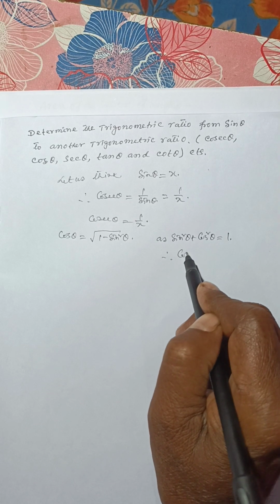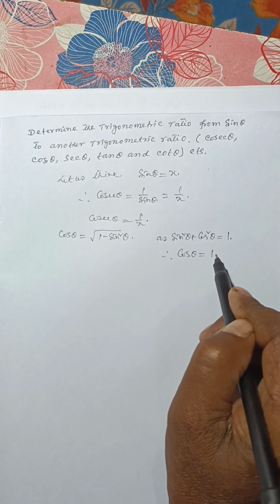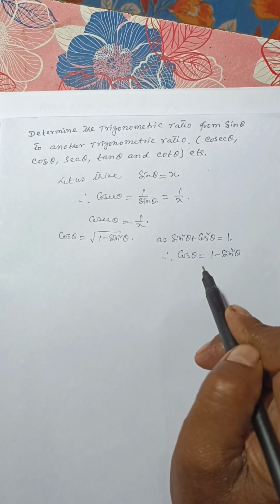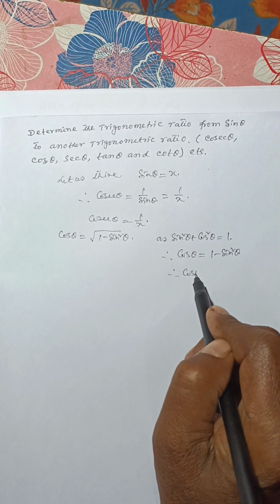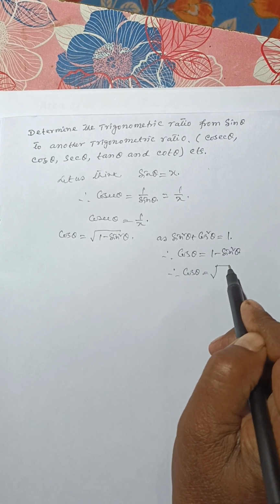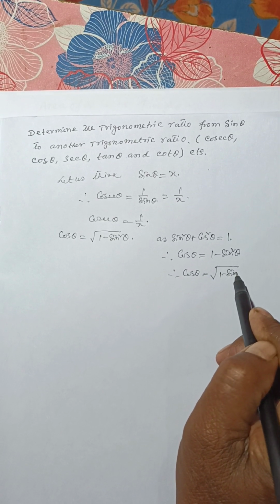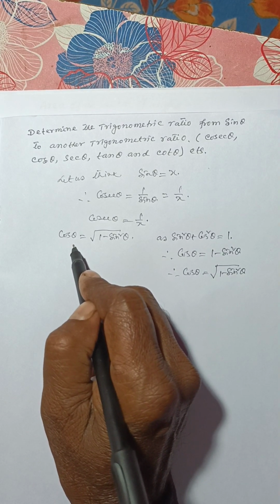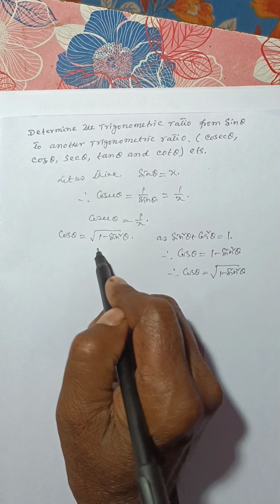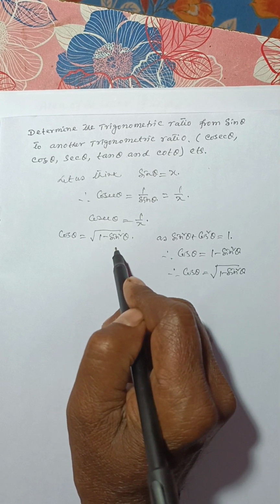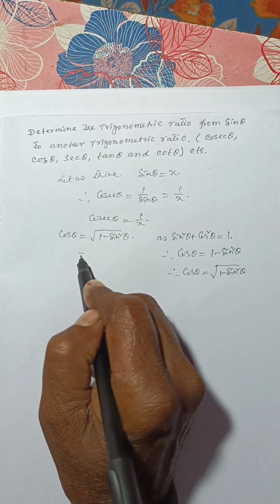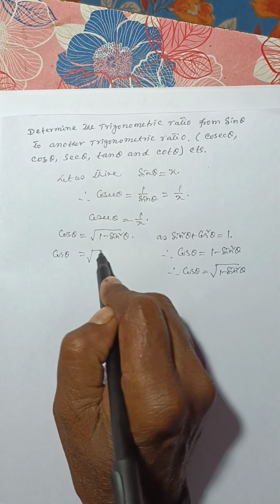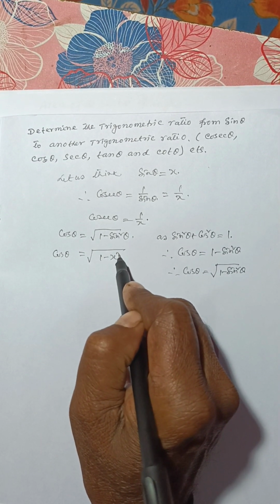Therefore, cos square theta equal to 1 minus sin square theta according to the formula. Therefore, cos theta equal to root over 1 minus sin square theta. Now, putting the value of sin theta, we can write cos theta equal to root over 1 minus x square.